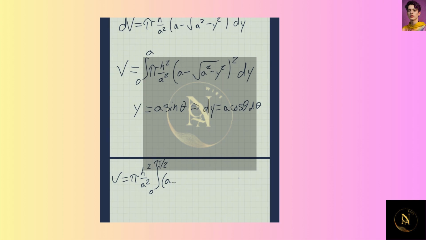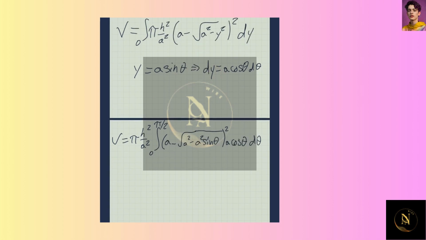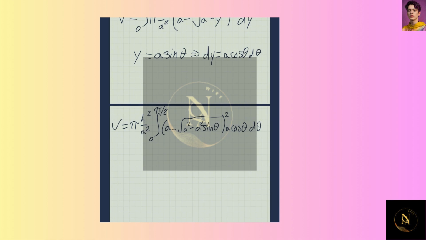And now the integral is going from 0 to pi over 2. We can plug in a sine theta for y, and then we can also plug in for dy, a cosine theta d theta.